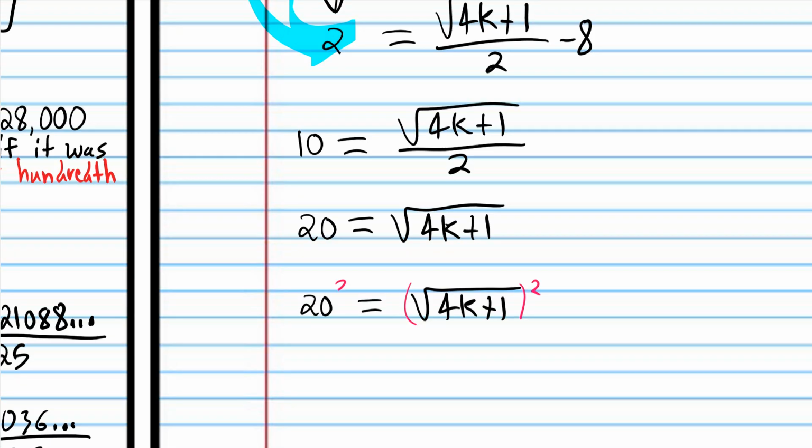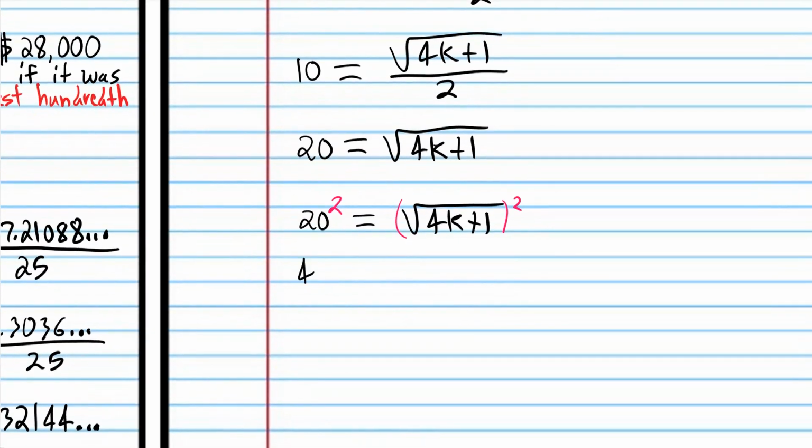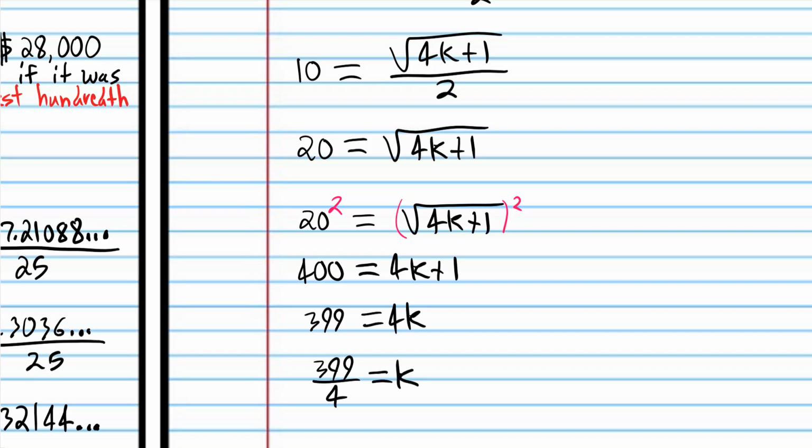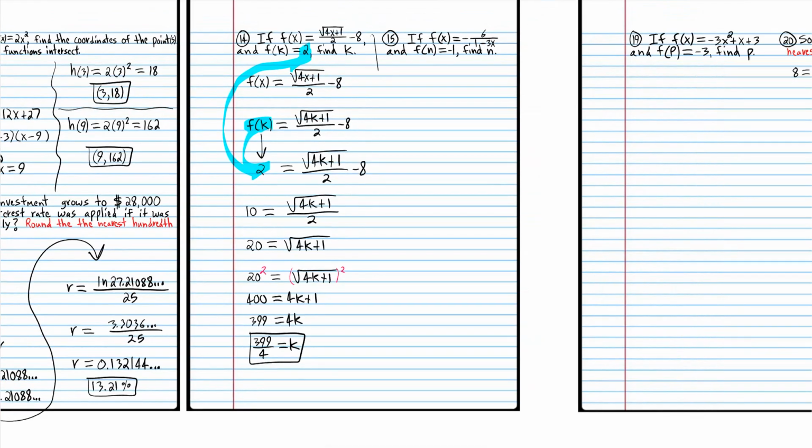You just have to show the result after you're done squaring. So then we get 400 is equal to 4k plus 1. Subtract 1 from both sides. Divide both sides by 4. Again, I'm showing way more steps than I really need to here. But that is the k value. So if you got that right, excellent.